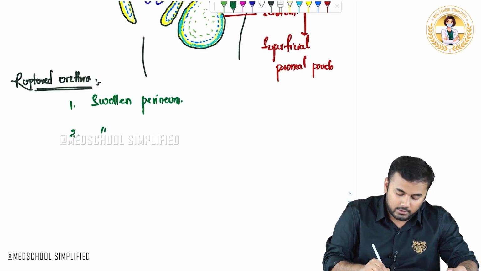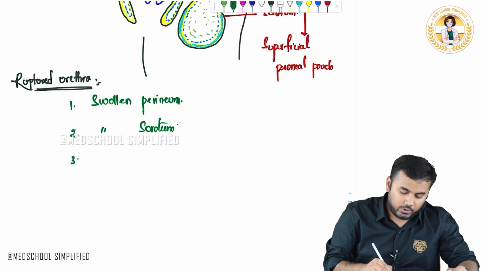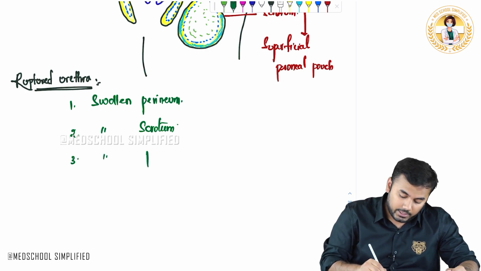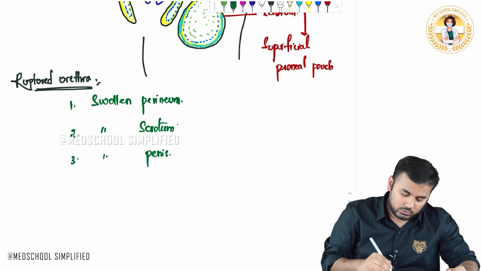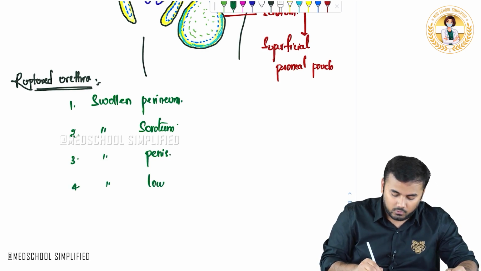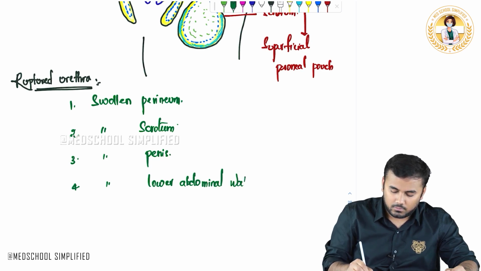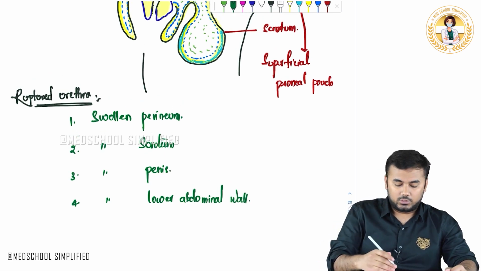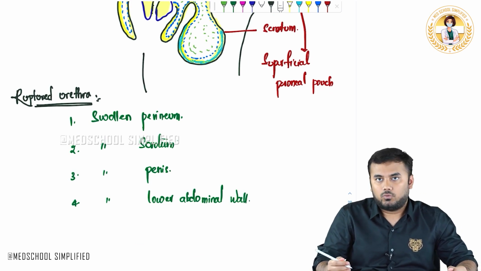Yes, there is a swollen scrotum also. And third important thing is that there is also a swollen penis. And fourth important thing, there is a swollen lower abdominal wall. So these are the structures which are swollen.